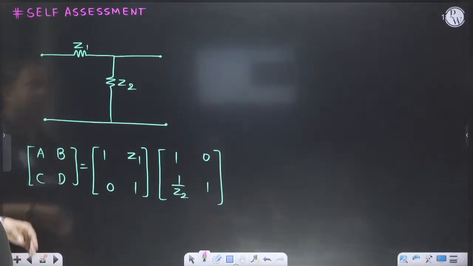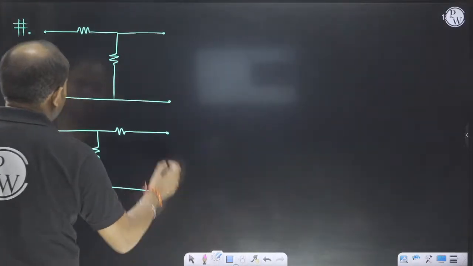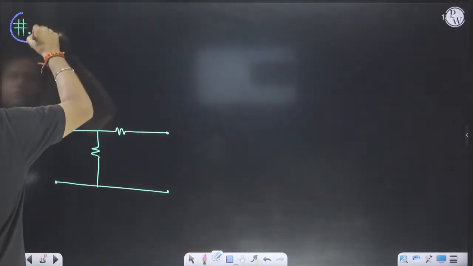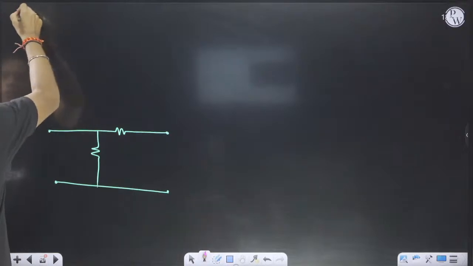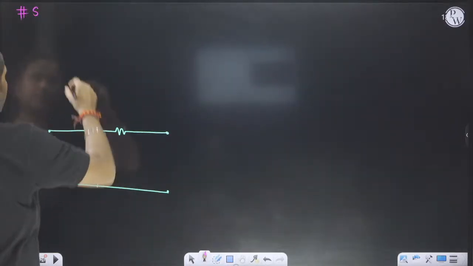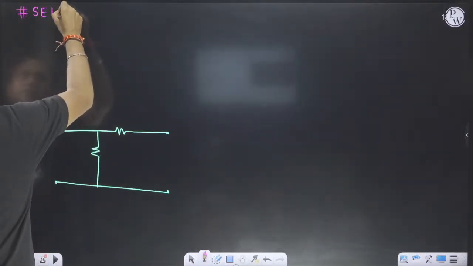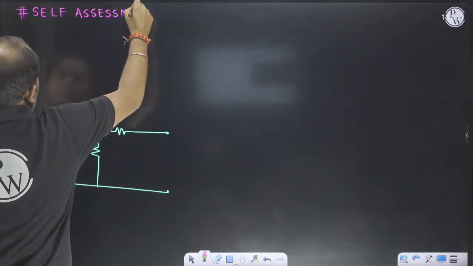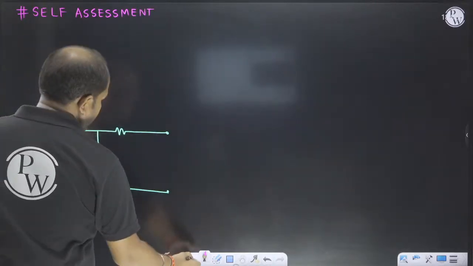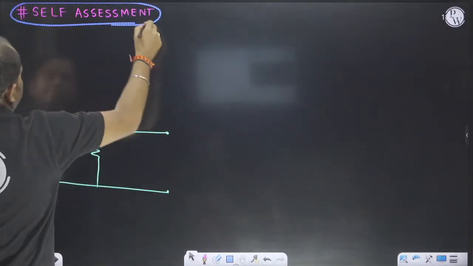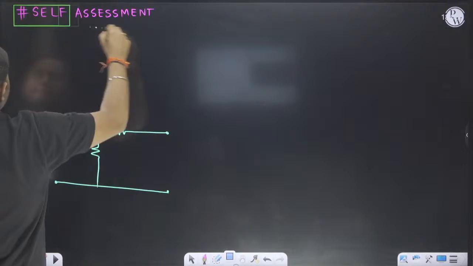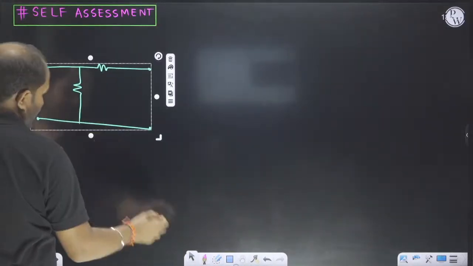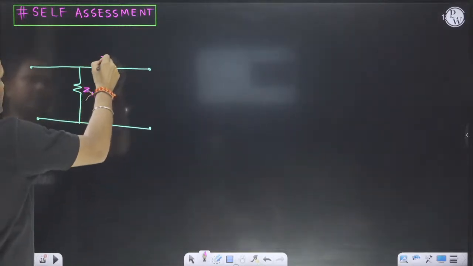Then again we have the shunt series network. It is also a self-assessment question. How will we solve this? I will still help you find the ABCD network. This one is Z1, this one is Z2.